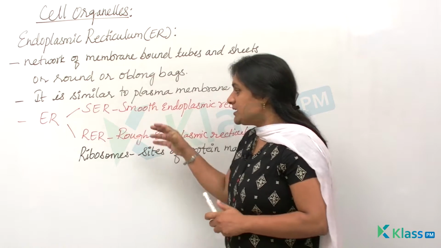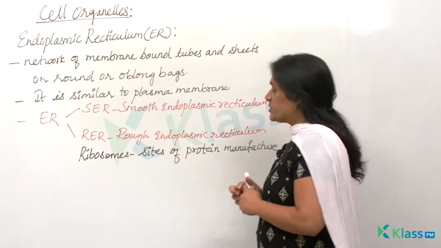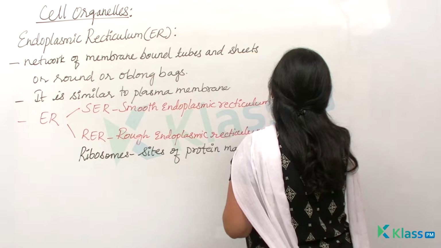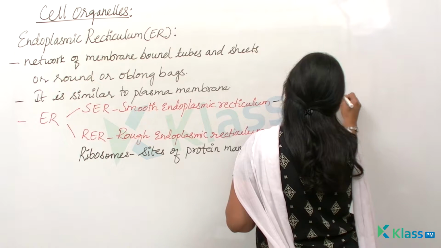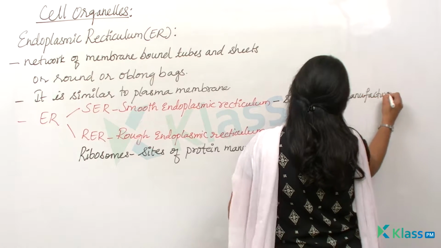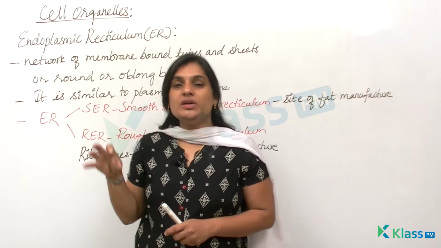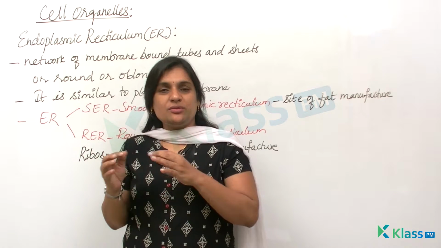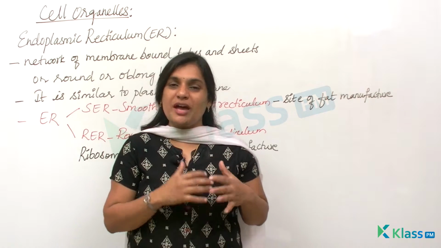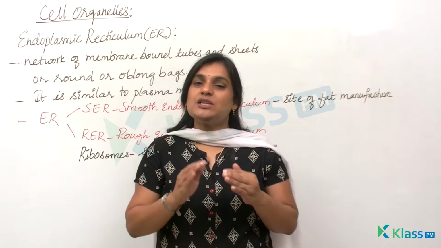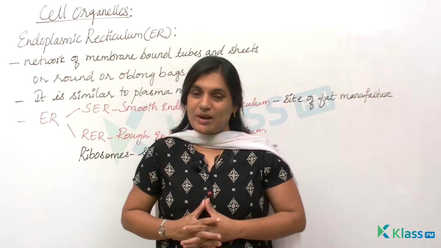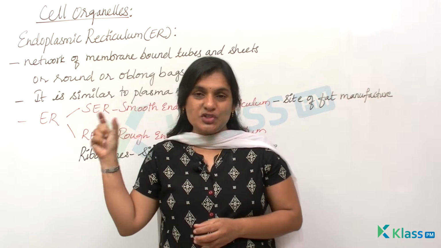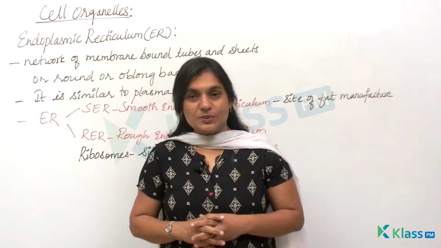But the SER is always a site of fat or lipid manufacture, so it works on synthesizing fats in the body. The fat and protein manufactured in the cell have to be transported to different parts of the cell, which is done through these long tubes or sheets, the endoplasmic reticulum.